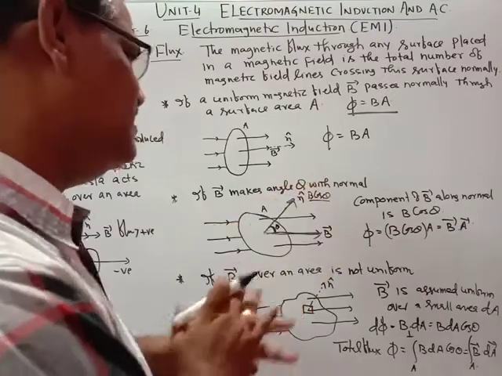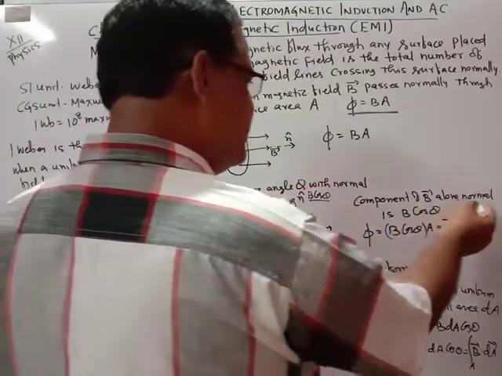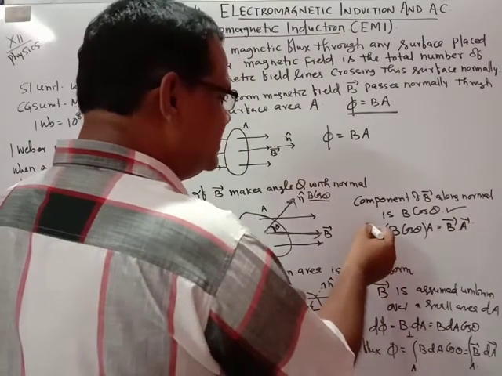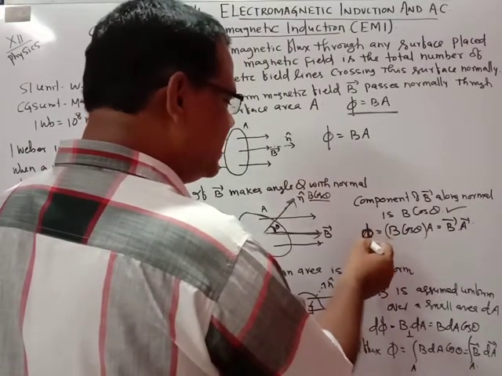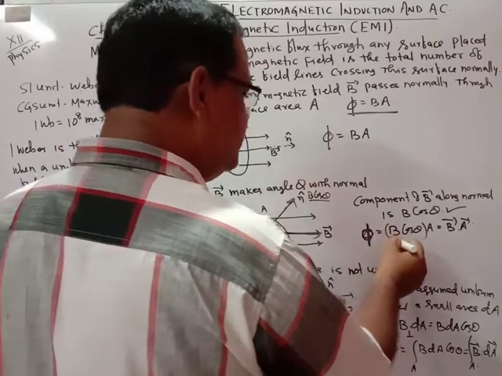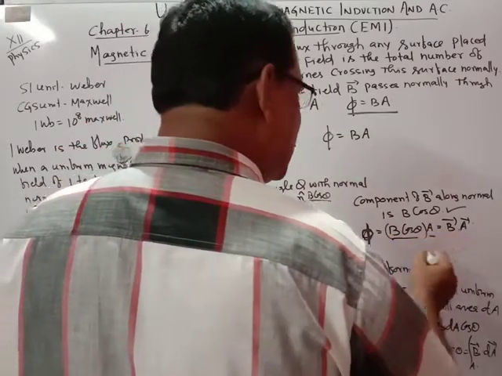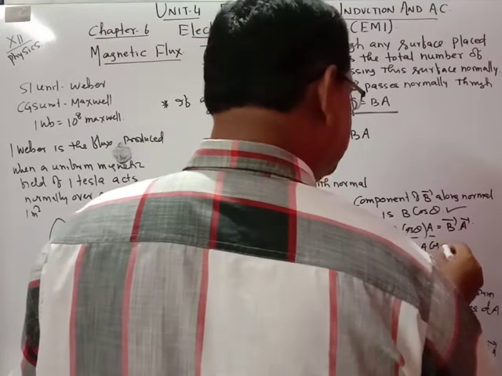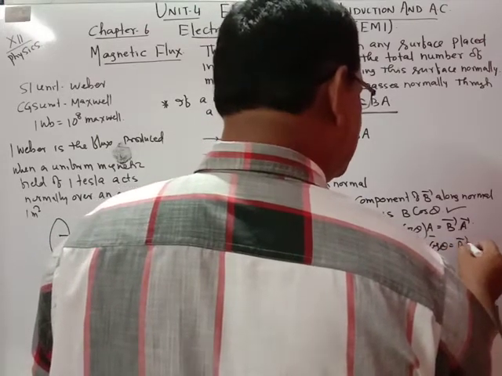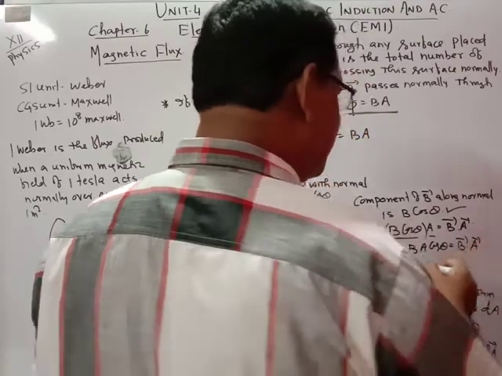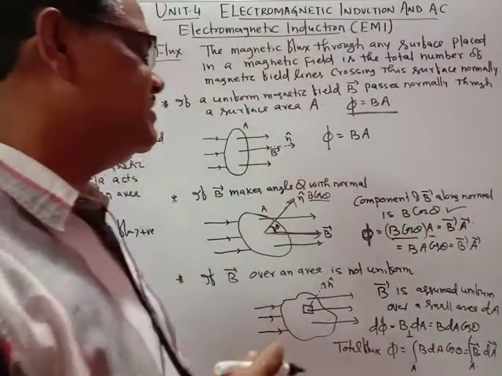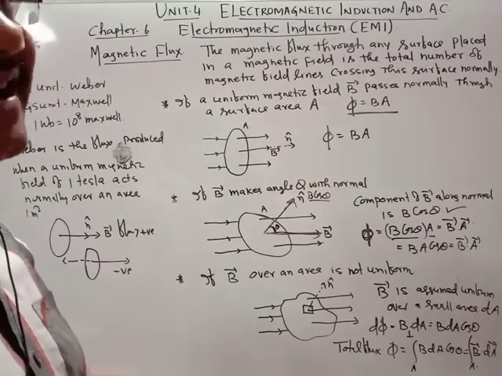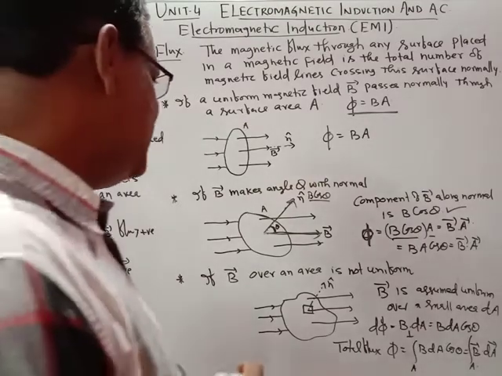So phi, which denotes the magnetic flux, equals B cos theta into A, that is B A cos theta, which is simply the B vector dot the A vector. So the flux linked to the surface is nothing but the dot product of the B vector and the area vector.